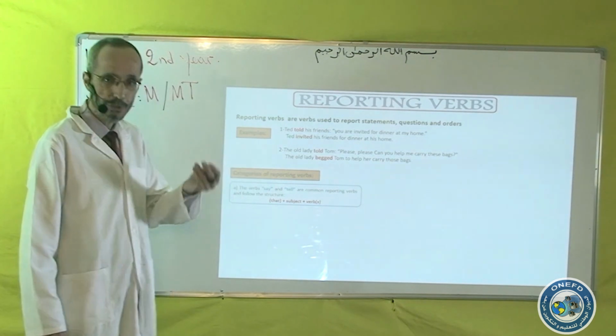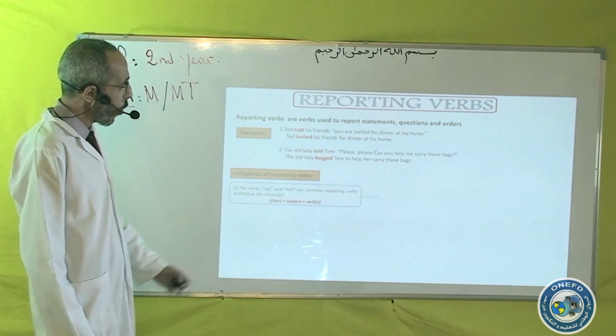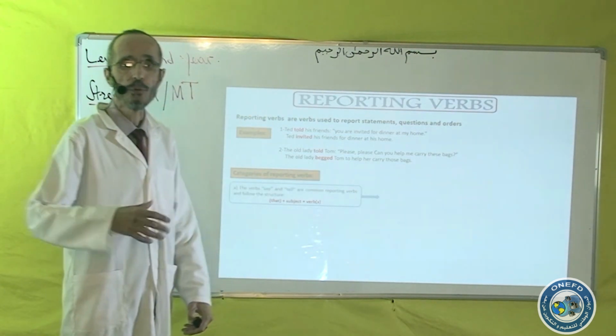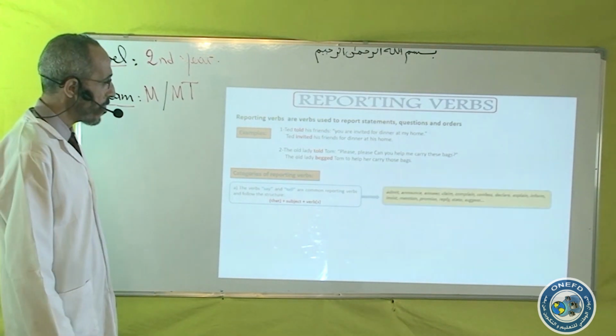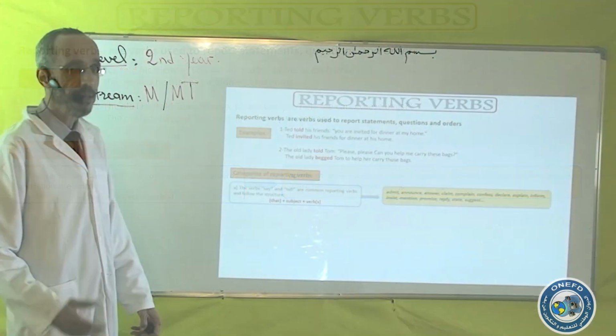After that, we use a subject, then a verb. We have a list of other verbs which follow the same pattern.